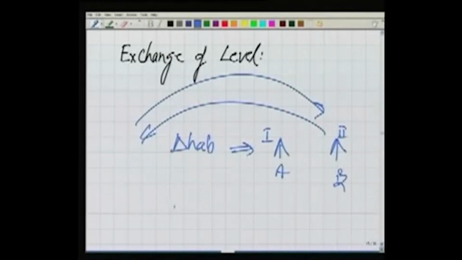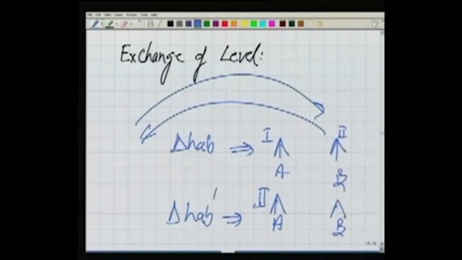We find it again, delta HAB dash, for the condition that at A the level is now the second one, we are exchanging them, and at B the level is now 1, and we will find the average of these two values. So this is how we can also eliminate the error which may occur because of the non-parallelism of these two levels. So this method of leveling across a wide river or ravine is the reciprocal leveling.